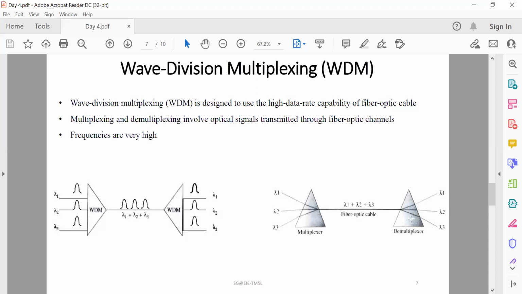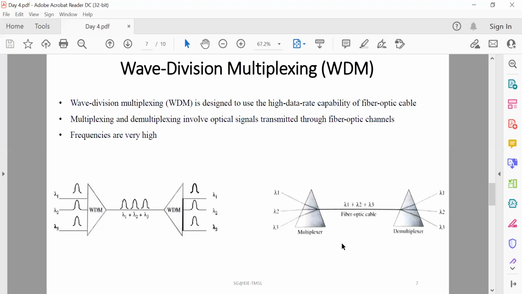A prism bends a beam of light based on the angle of incidence and the frequency. Using this technique, a multiplexer can be made to combine several input beams of light, each containing a narrow band of frequencies, into one output beam of a wider band of frequencies. And a demultiplexer at the receiving side can also be made to reverse this process.